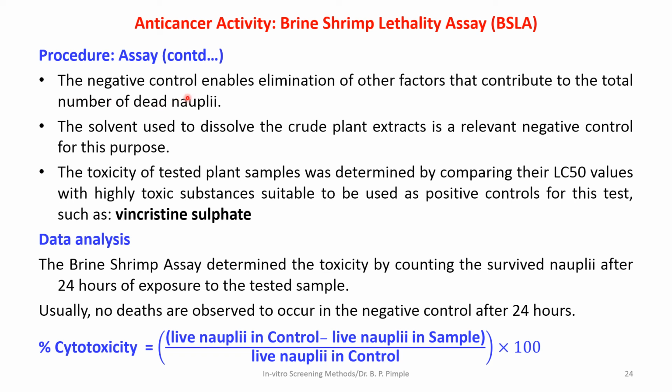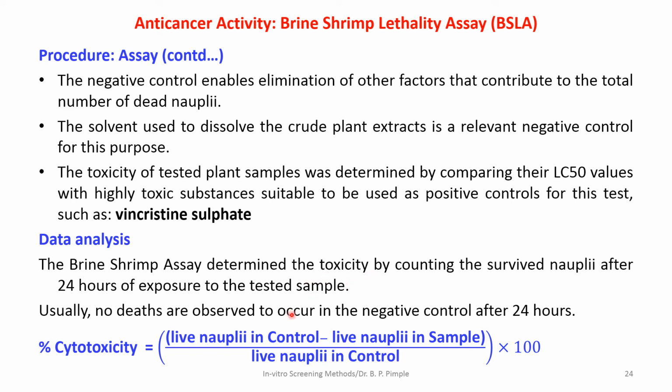Negative control means a test tube that does not contain any cytotoxic material. The plant extract or the phytoconstituent is dissolved in a particular solvent, and only the solvent can be incorporated into the negative control test. Then, as far as data analysis is concerned, the brine shrimp assay is to be determined by the toxicity.